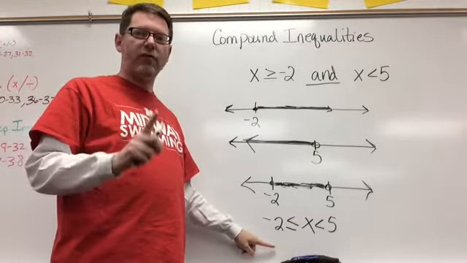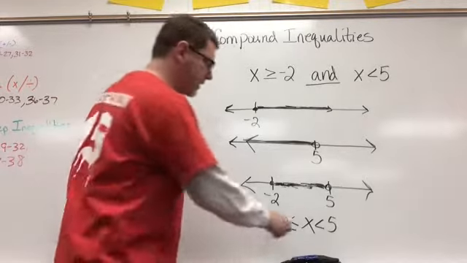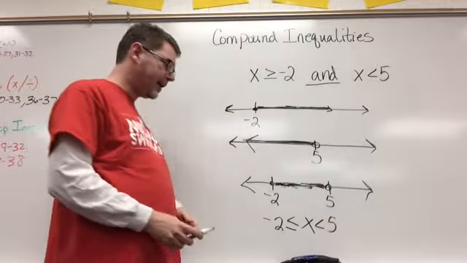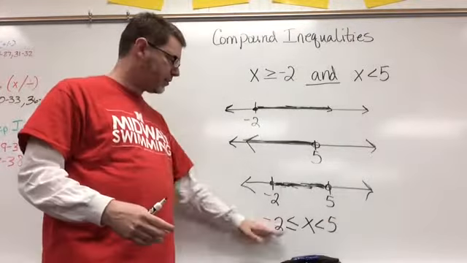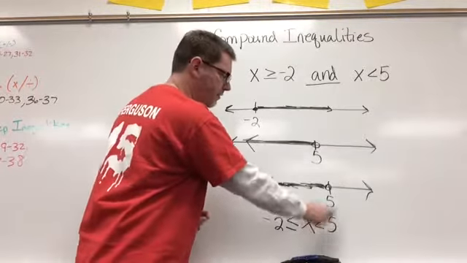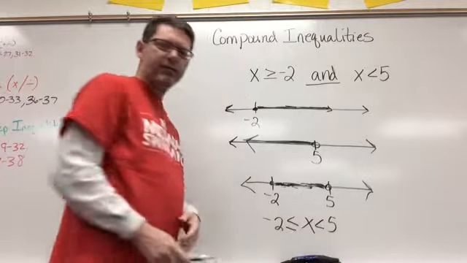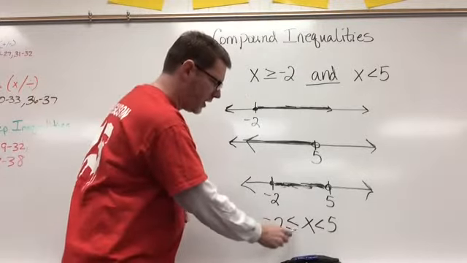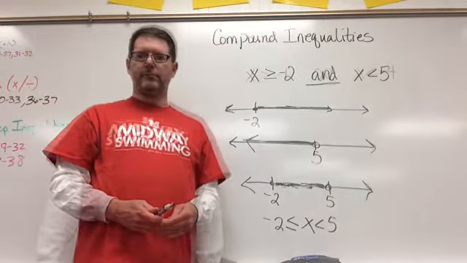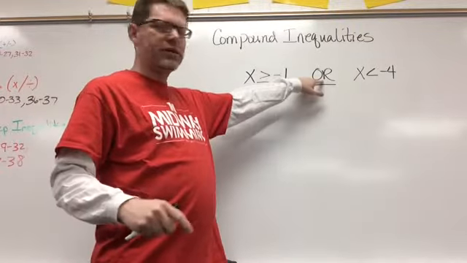It's only for "and" statements, though, that I'm able to do that. So I would read this as x is greater than or equal to -2 and x is less than 5. And if you look at this compared to the graph, -2 and -2 are both on the left, 5 and 5 are both on the right. I go from least to greatest, and my variable's in the middle, closed dot, open dot, and there I have it. So draw a squiggly line in your composition book, and we're going to look at "or" statements.